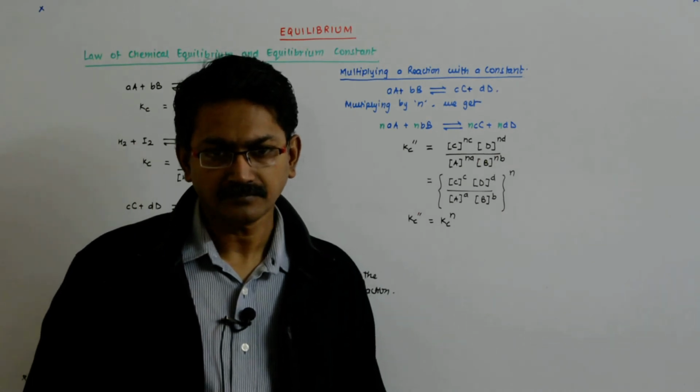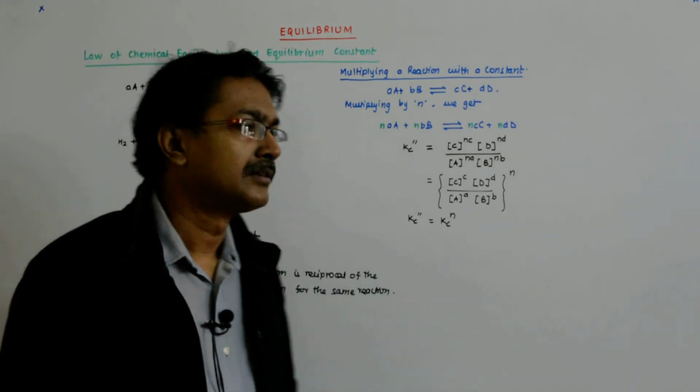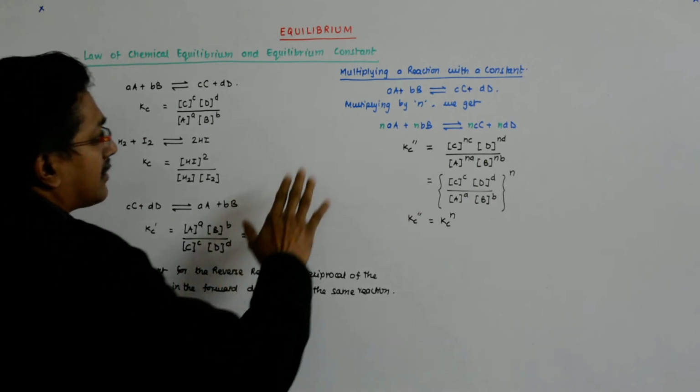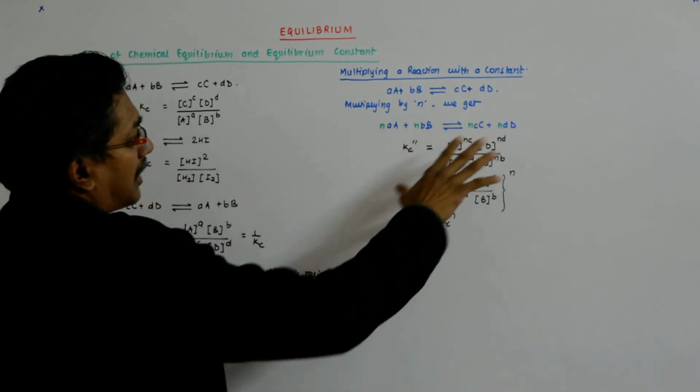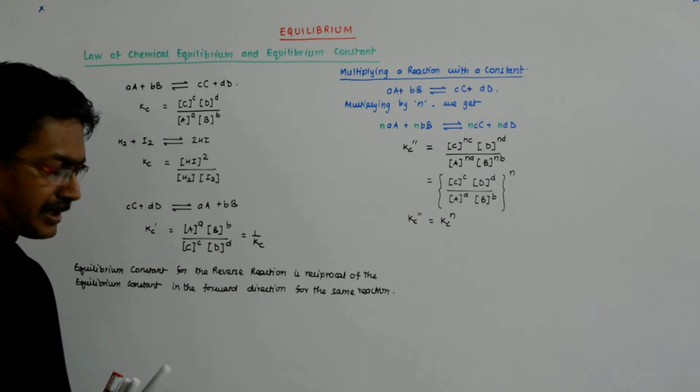But we keep in mind that we'll never use the multiplied versions. We'll use the minimum multiples.